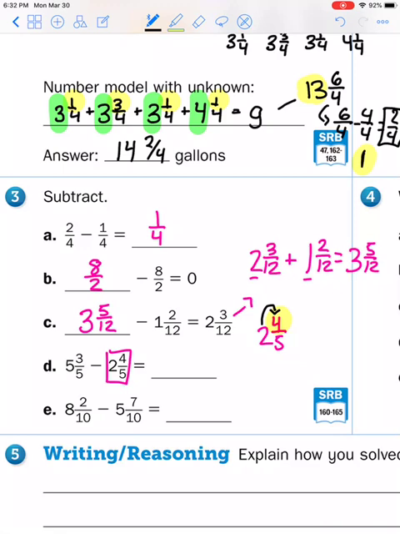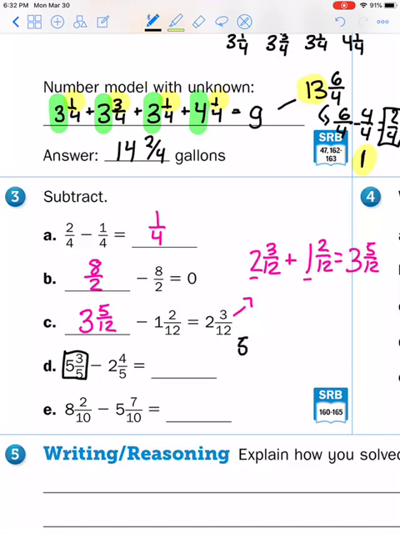So if I take one whole from that 2, it's 1 and 5/5 plus 4/5 equals 1 and 9/5. And actually, I did this for the wrong fraction. I should have done it for the 5 and 3/5 because we want this numerator to be bigger so we can subtract.